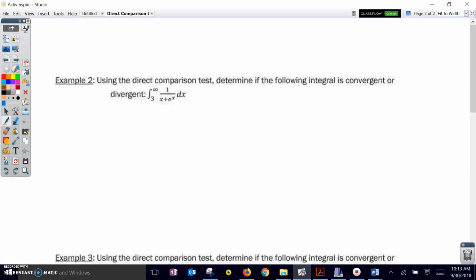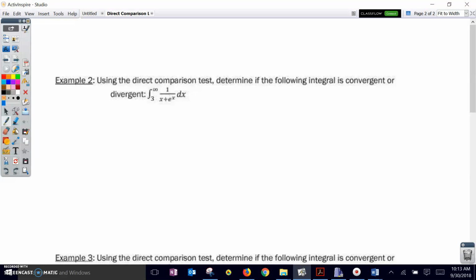So one of the things that we're going to do in trying to determine what integral to use to compare this to is kind of play our hunches. Do we think that the original integral converges or diverges? And that's where we're going to start here with example 2. Do we think that the integral from 3 to infinity of 1 over x plus e to the x dx converges or diverges?